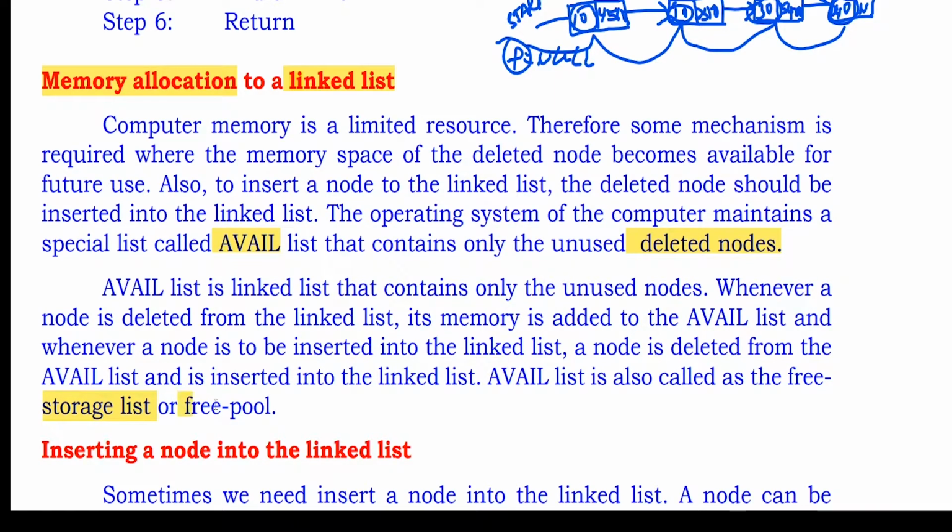Already we talked about the free pool or storage list. Here you don't need to worry about anything in this case. Just use the new and delete operators. Whenever you ask for dynamic memory, that memory is maintained by the operating system in the availability list.